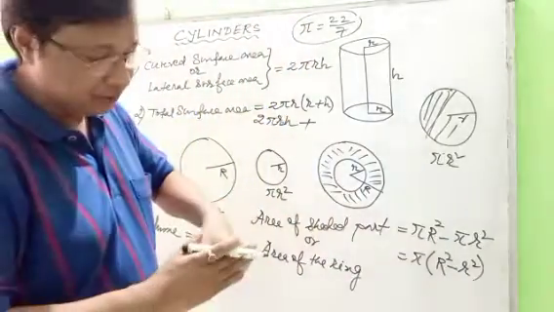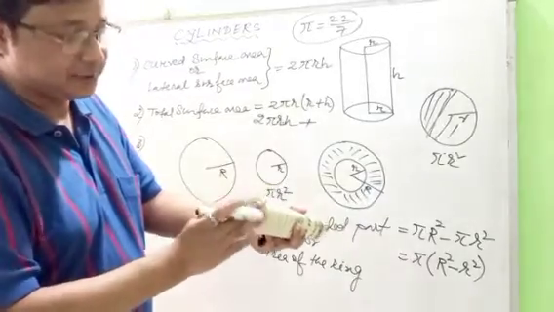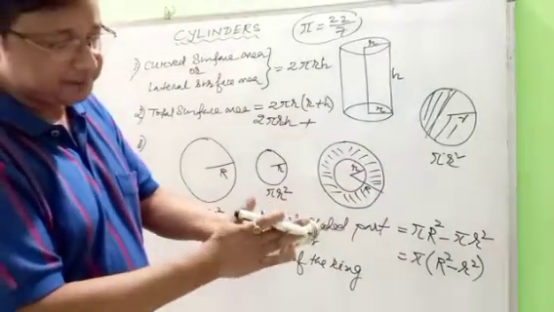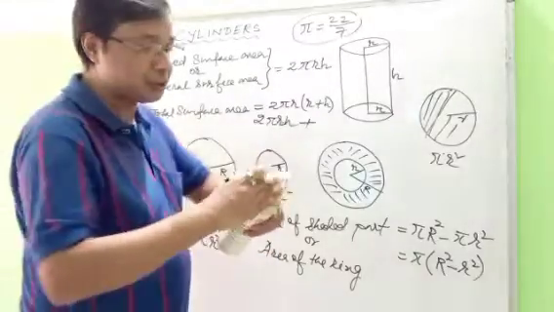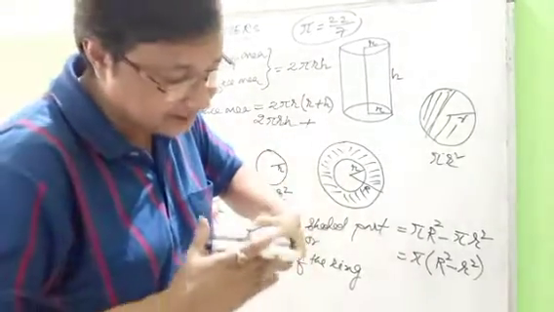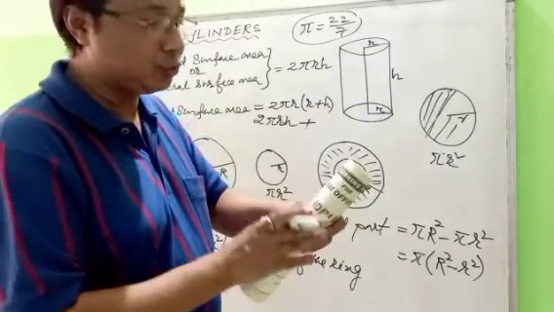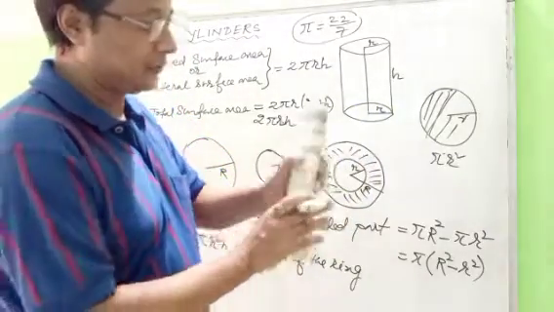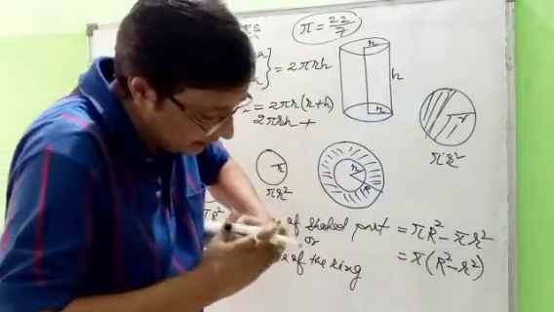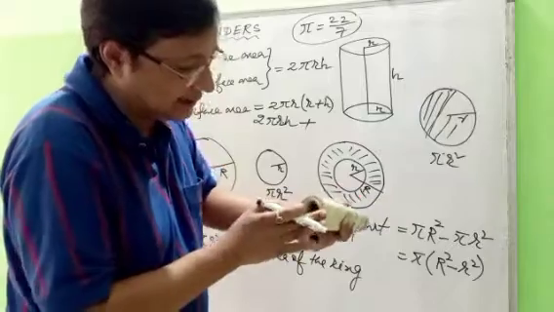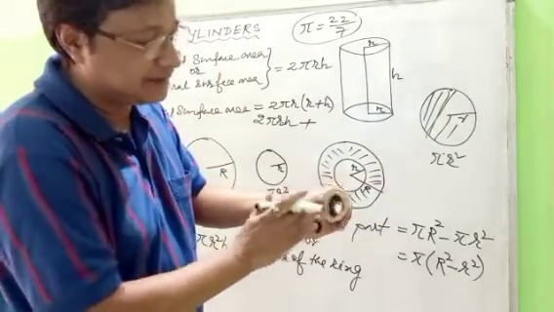Here you have two circular surfaces, this one and then this one, so there are two circular ends. That means you are going to count the total surface area. This is the curved one, 2 pi r h. This circle has a surface, and at this end there is also a circle having its surface.